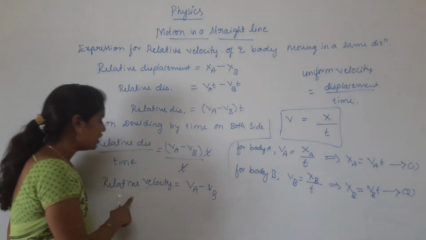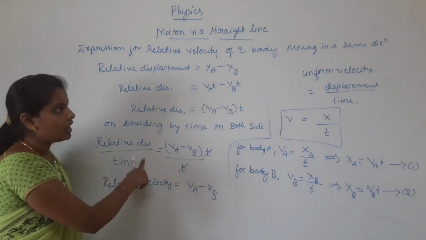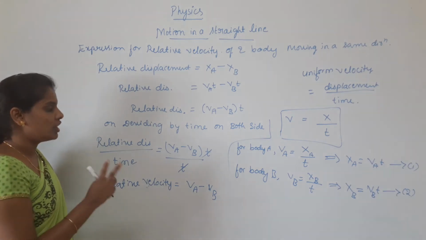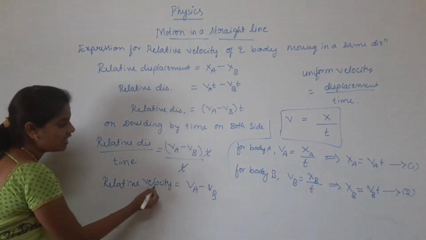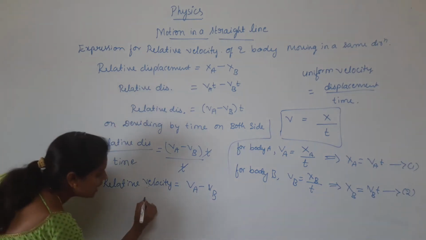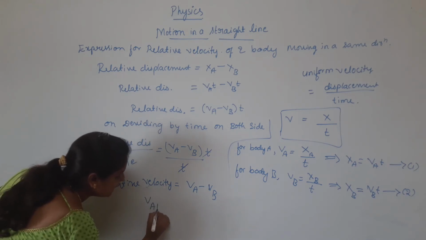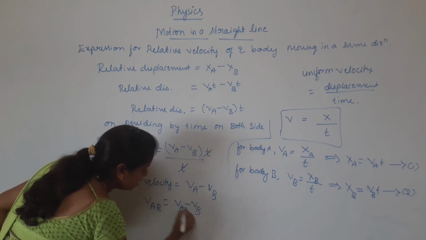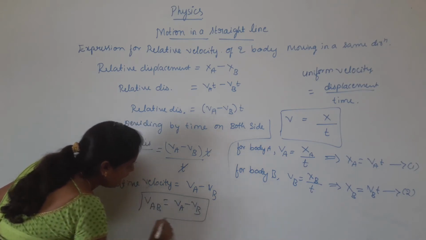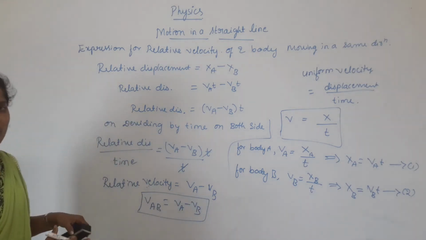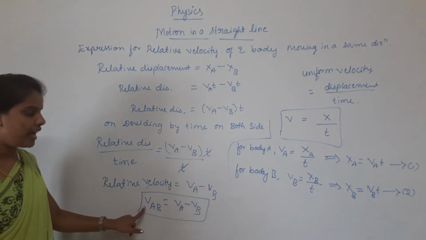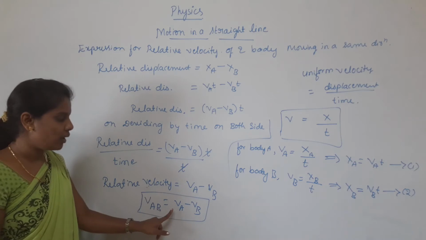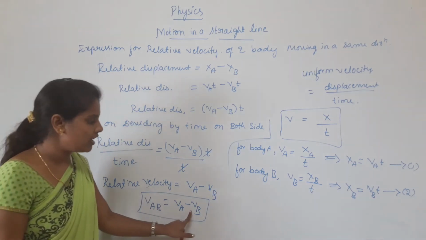Here we consider only two objects, A with respect to B. Therefore this relative velocity is termed vab, equal to va minus vb. This is the required equation when the two bodies are moving in the same direction, of the relative velocity of A with respect to B: vab equals va minus vb.